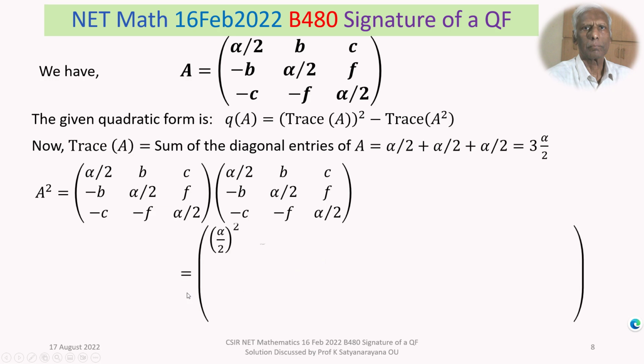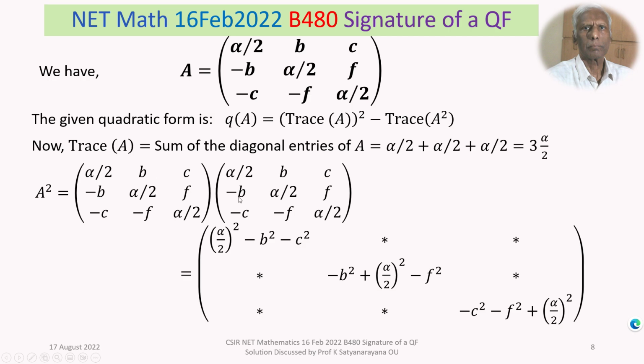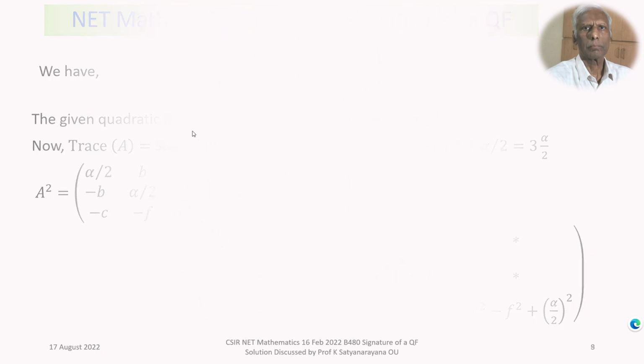So if you multiply, alpha by 2 whole square minus b square minus c square for first row, first column, and similarly for the second and third, you will get these entries. Agreed. Now let us continue in the next slide.